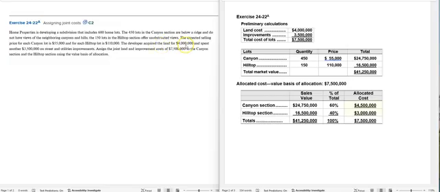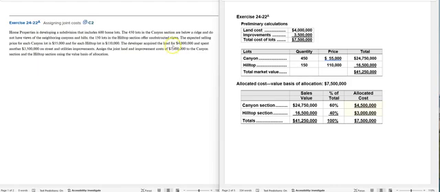The developer acquired the land for $4 million and spent another $3.5 million on street and utilities improvements. We want to assign these joint land and improvement costs that totaled $7.5 million to the two different products, the canyon section lots and the hilltop section lots.